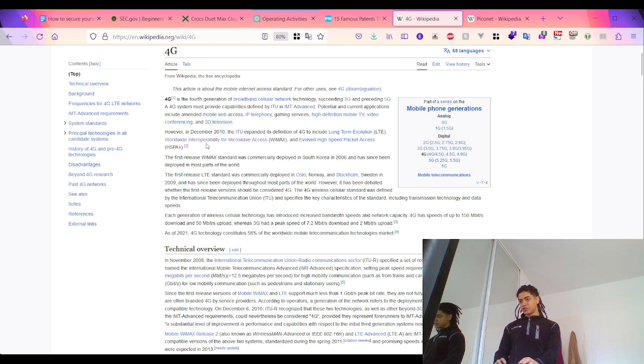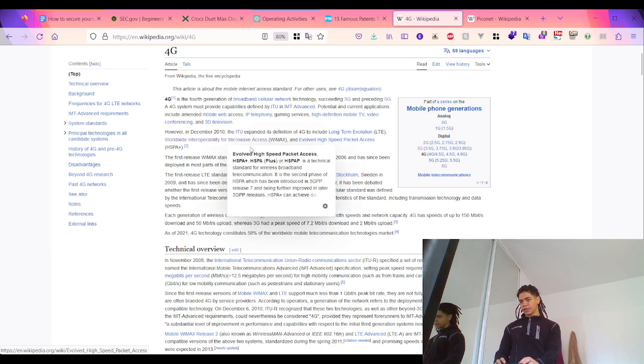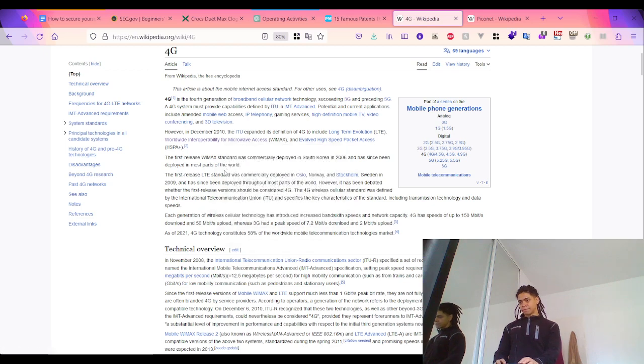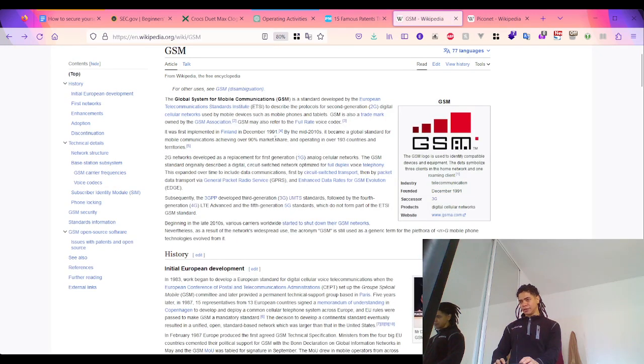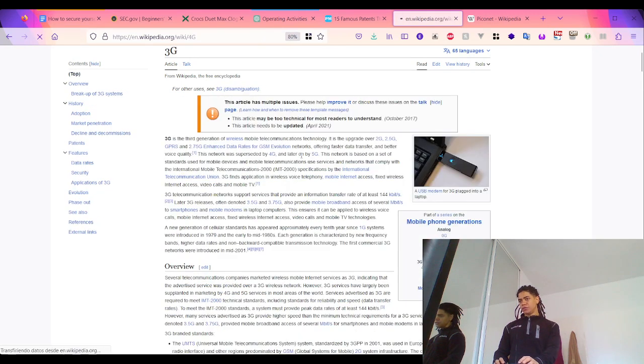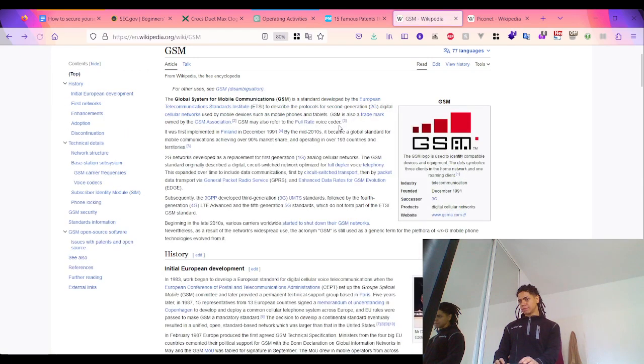Worldwide interoperability for microwave access and evolved high-speed packet access. So it succeeded the 3G exactly, but after all, it followed the GSM standard, as Global System for Mobile Communication.